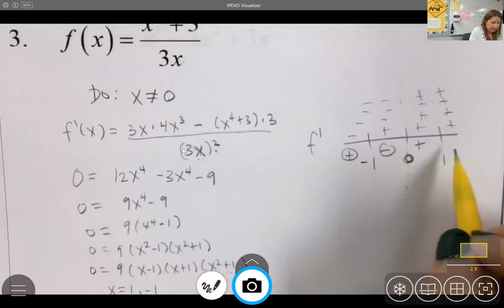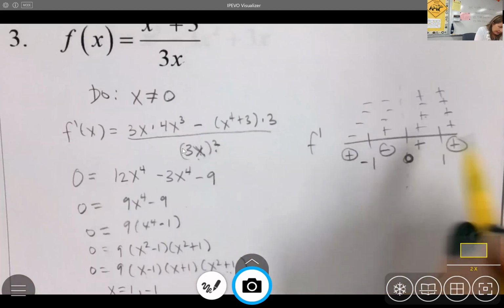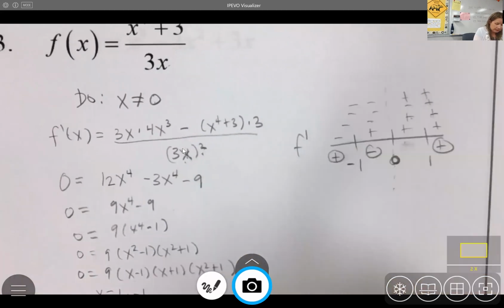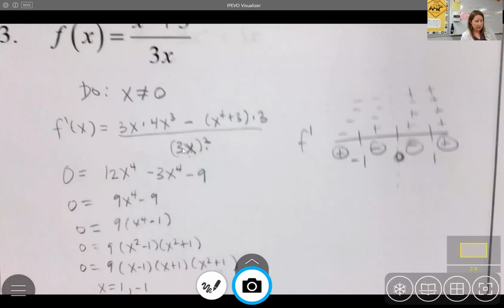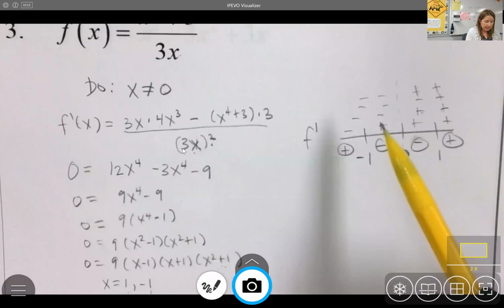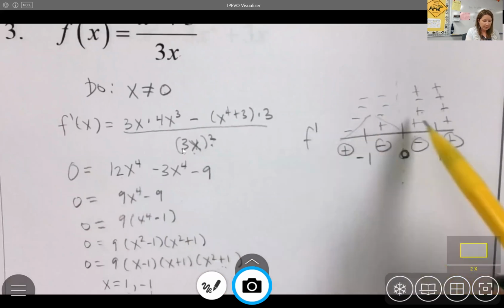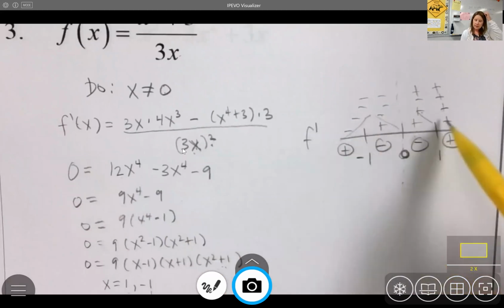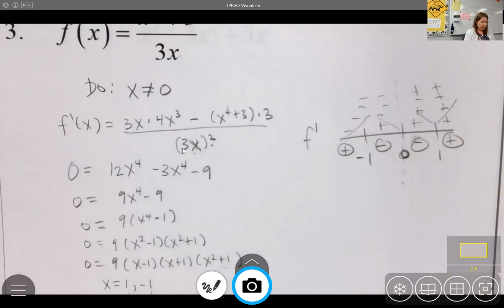I just did that wrong. Minus again. And plus. Okay, so plus, minus, minus, plus. That means this is going to increase and decrease, and then it's going to keep decreasing and then increase. Okay, so that's okay. It just means that at 0, there's not a max or a min.